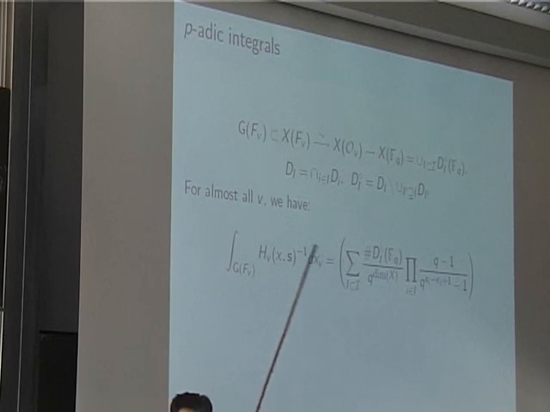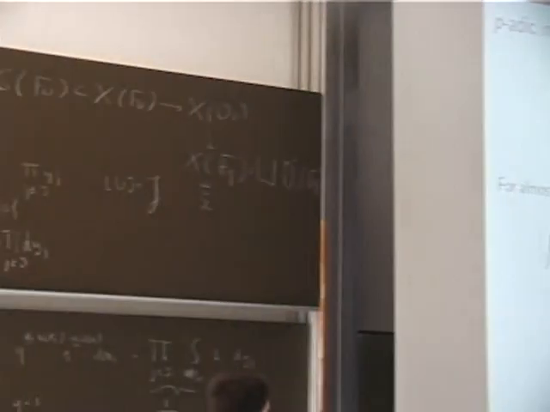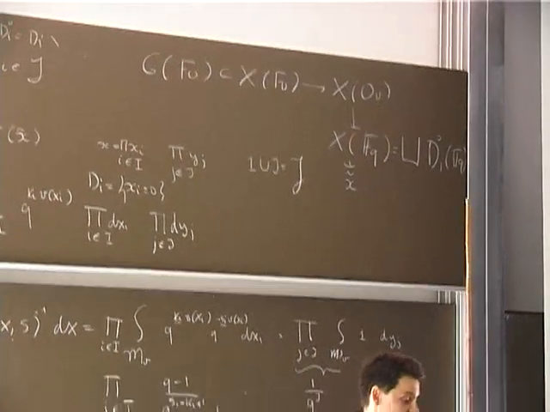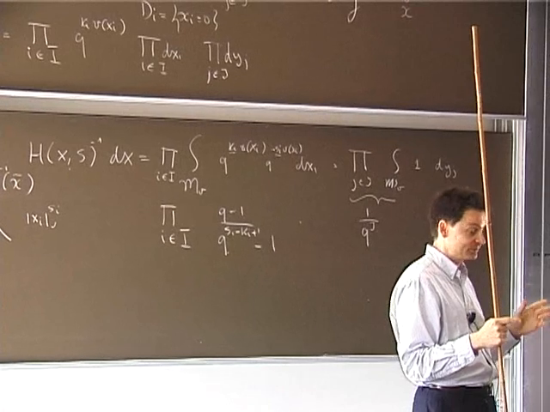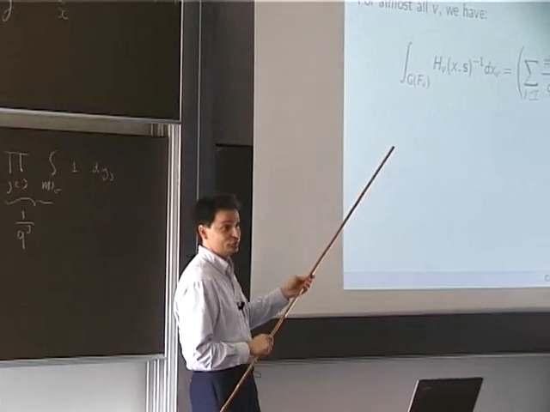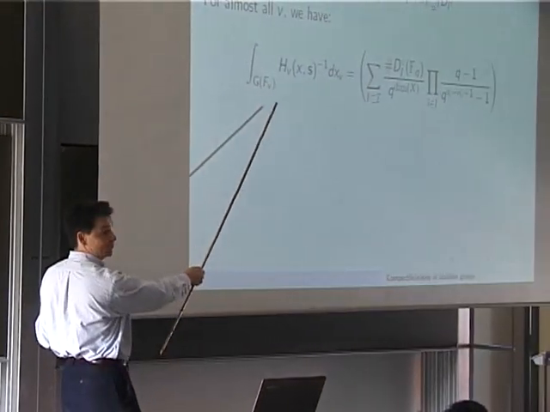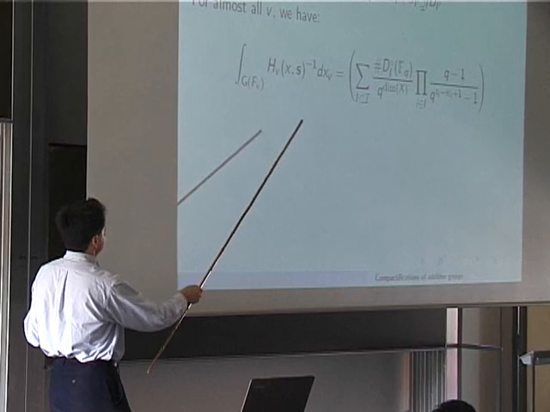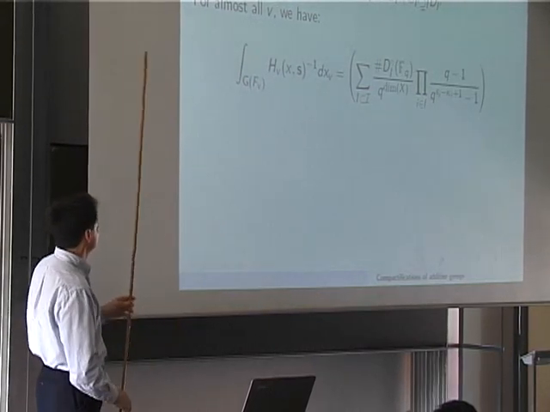Now that is a very fruitful observation, and a similar observation led Batyrev to his theorem about birational Calabi-Yau's having the same Hodge numbers, exactly from this kind of p-adic integral computation.